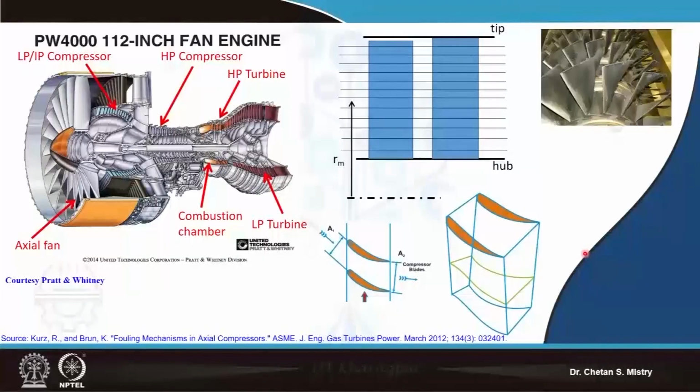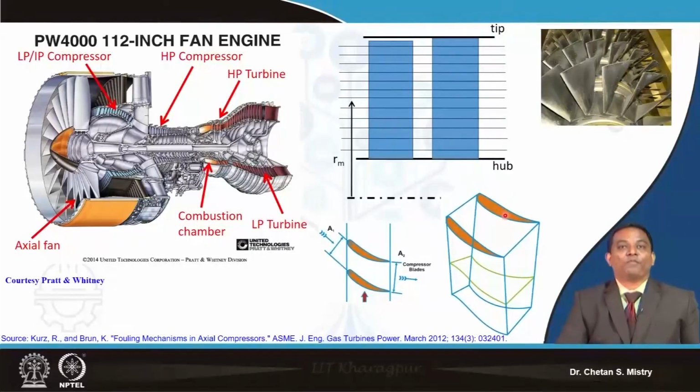If you look at all this carefully, this is making a diffusing passage. So whatever fundamentals we have studied for our diffuser design and diffuser aerodynamics will straightaway be applicable to this axial flow compressor and axial flow fan.